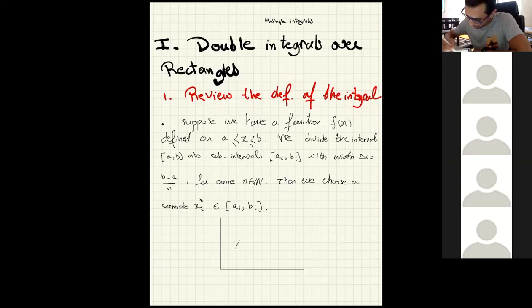If I have a function and I have the interval a and b, what I do is I divide this into small intervals.